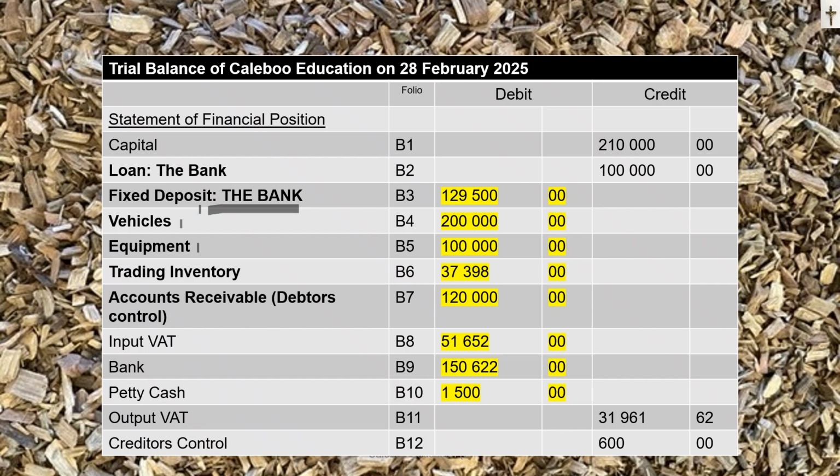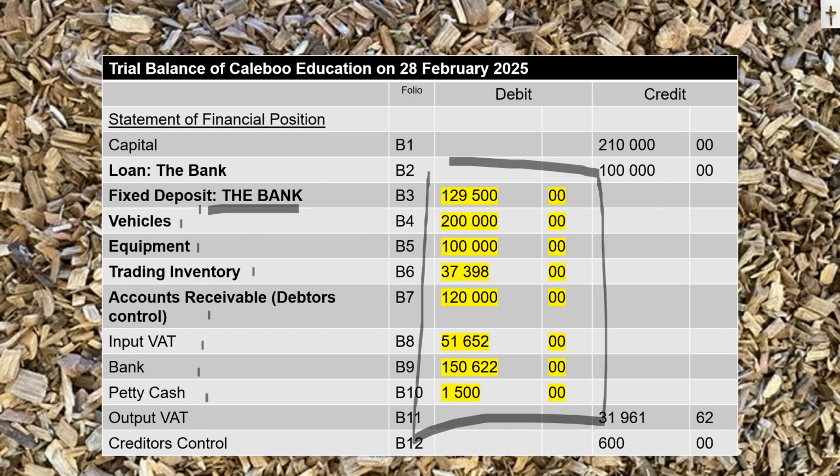Those are non-current assets, fixed assets, long-term assets. Trading inventory, accounts receivable, input VAT, bank and petty cash are current assets. But the question was, calculate the total value of all the assets, non-current assets and current assets. Easy. You add it all up, 790,672.